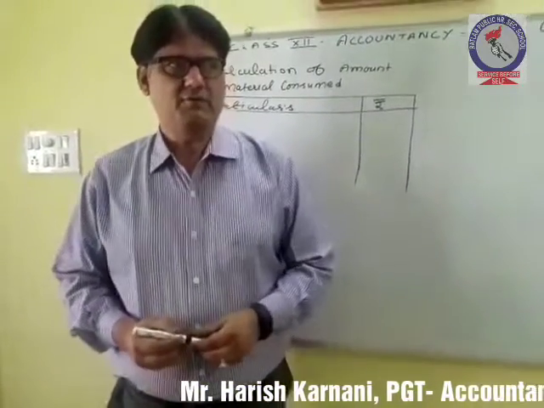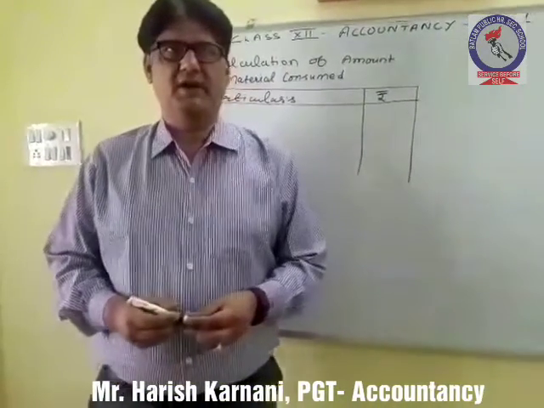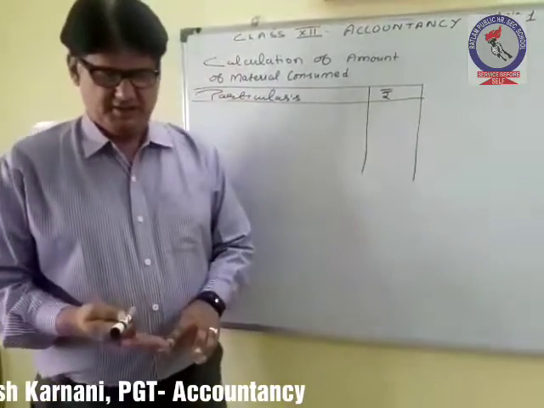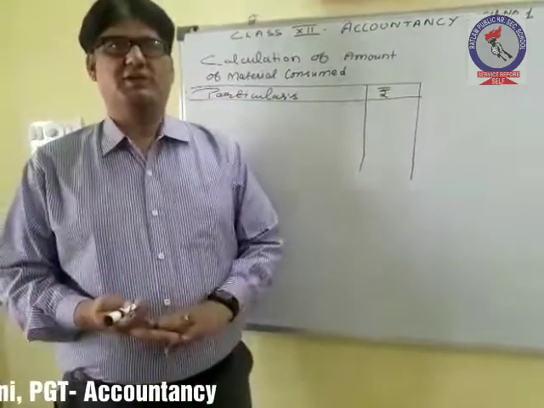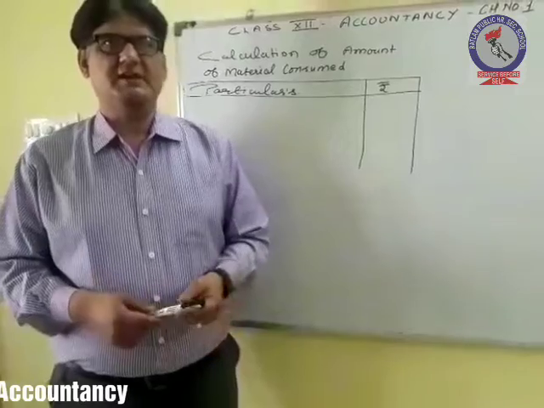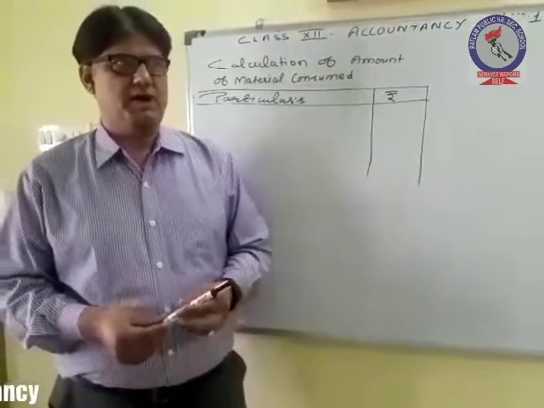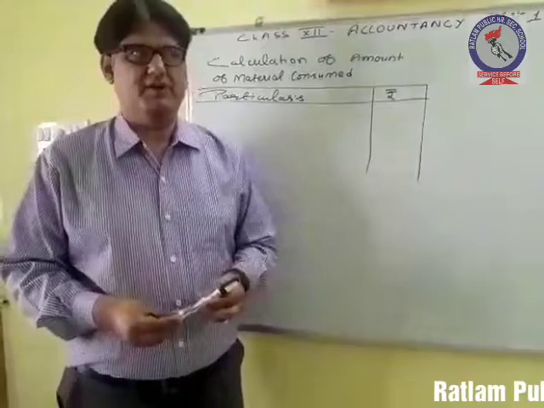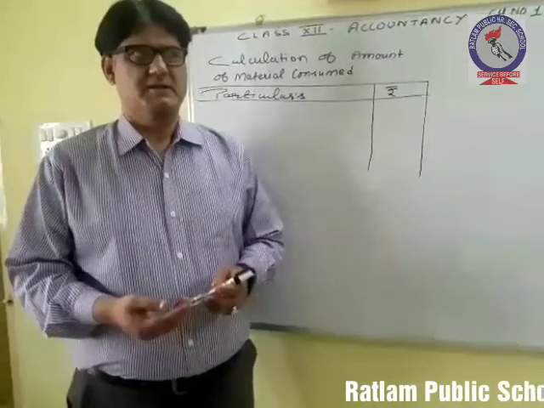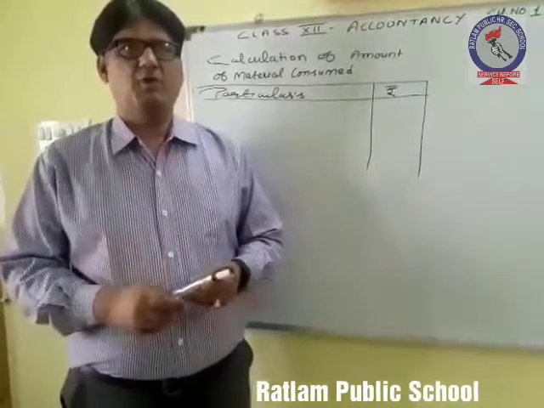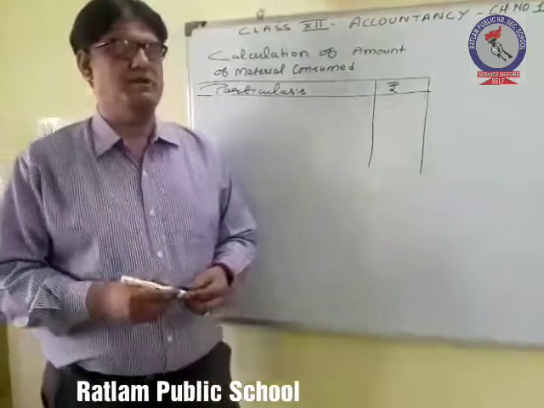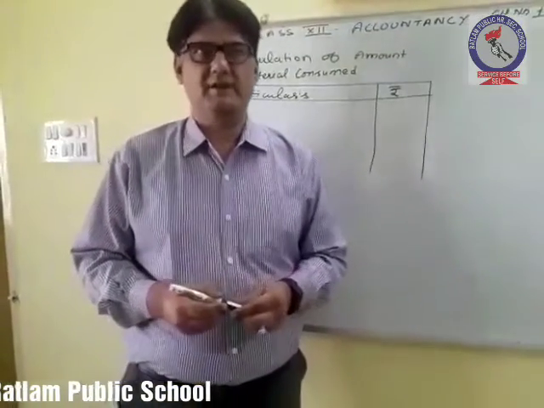So how do we calculate the amount of the item consumed, like medicines, stationery, any sports equipment? These are various items which are consumed by the non-profit making organization for the welfare of their members. So the exact amount of the item consumed during the year should be recorded in the income and expenditure account.